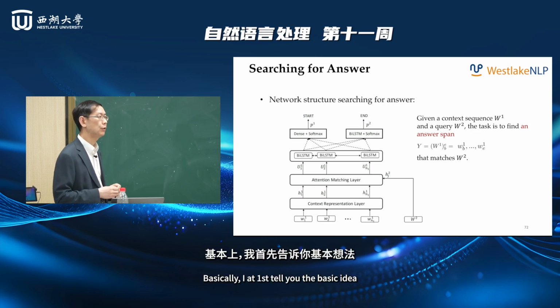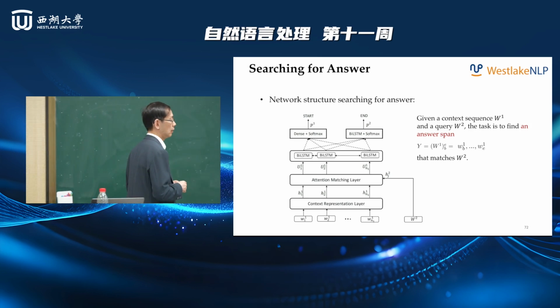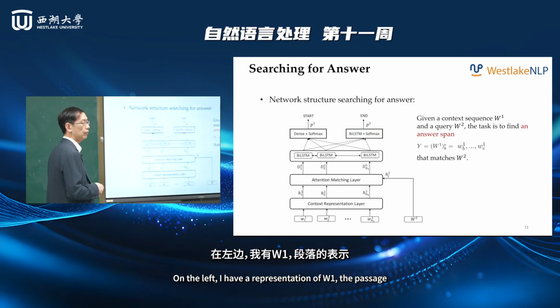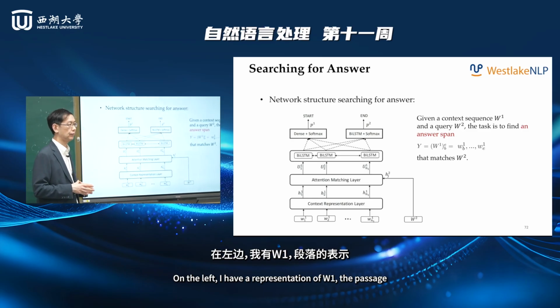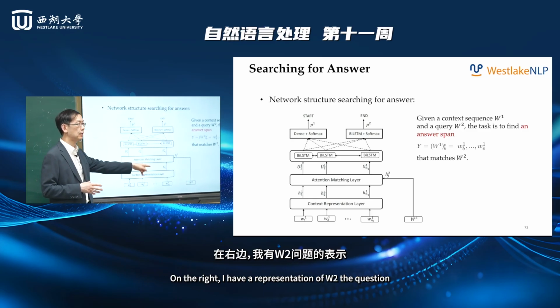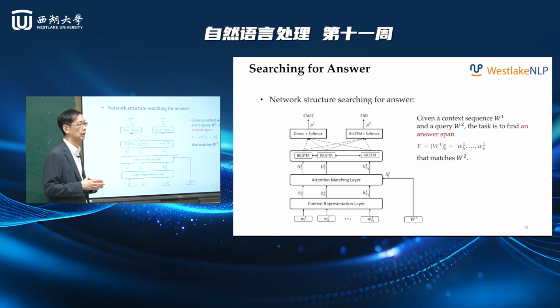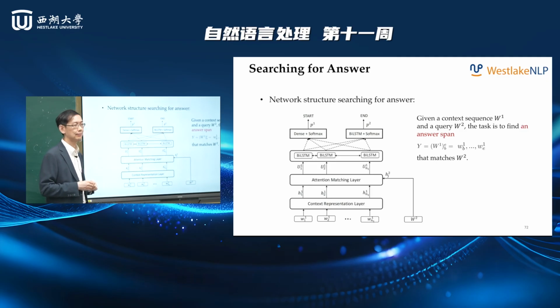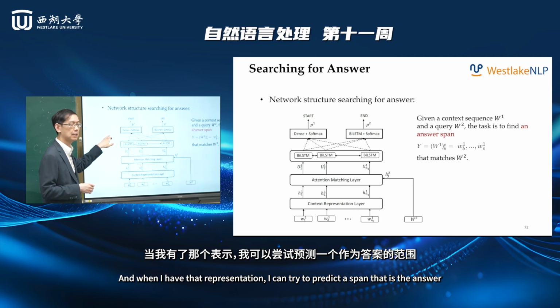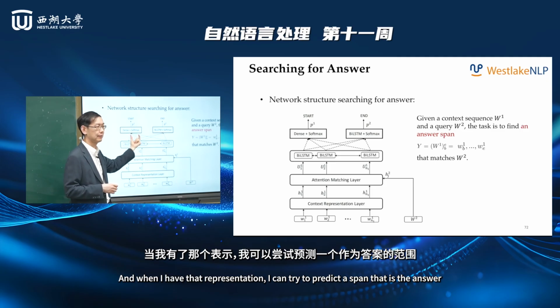Basically, I first tell you the basic idea. On the left, I have a representation of W1, the passage. On the right, I have a representation of W2, the question. All I want to do is to calculate a representation of the passage that is aware of the question. And when I have that representation, I can try to predict the span, that is the answer.